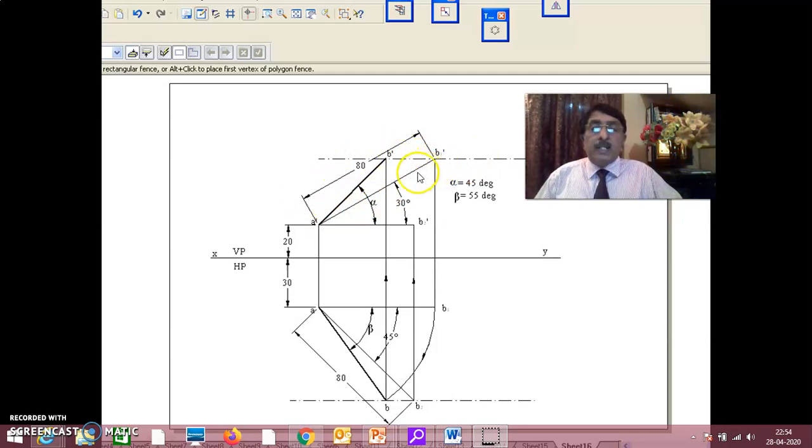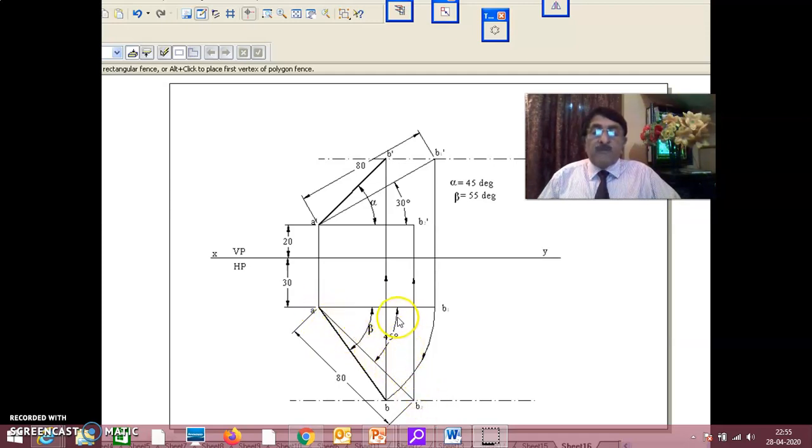And as I've always been telling you, as soon as you get the true length, the corresponding other view must be parallel to the XY line, so that you are in a ready position for rotation. Draw A'B1' of 80 mm and the corresponding top view AB1 parallel to the XY line. In the same way, the line was also inclined at 45 degrees to VP.